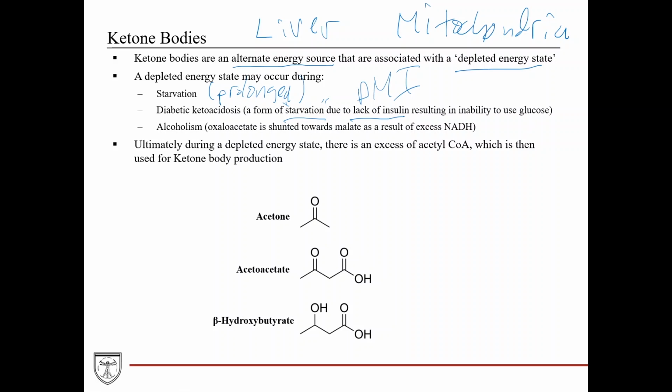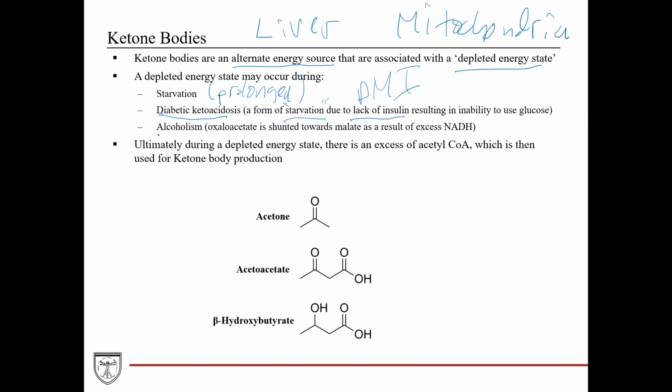Now, at a certain point, that's going to run its course, and then the body, especially the brain and muscle tissues, needs other sources of energy, and that's where ketone body production comes in. So then the body thinks it's even more prolonged starvation because it can't use glucose, so it switches over to ketone body production. And then you end up with this immediate emergency, diabetic ketoacidosis.